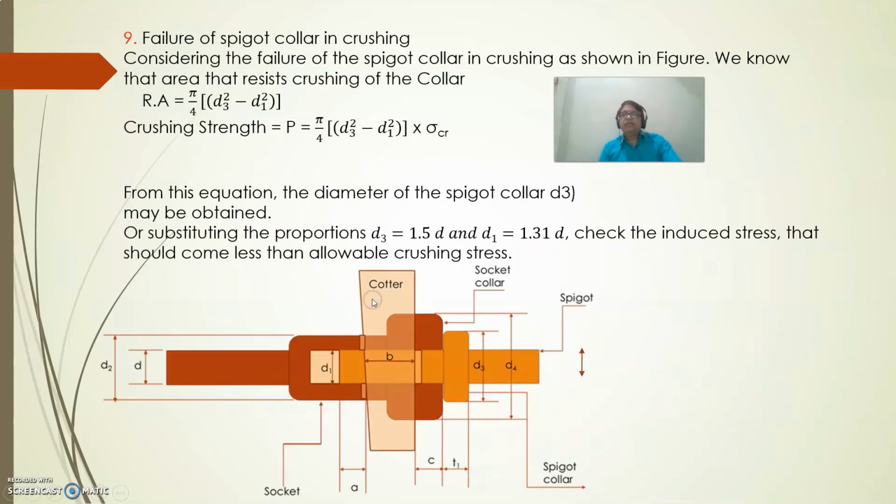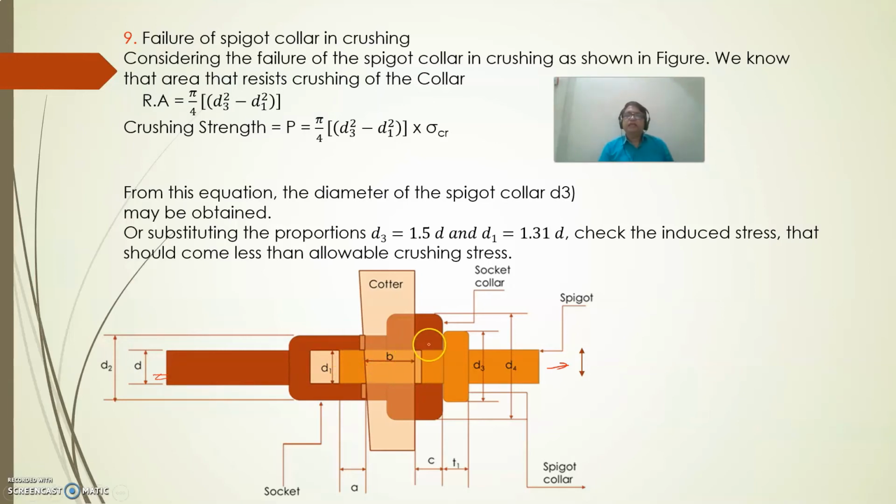In the next one, that is the failure of the spigot collar in crushing. Failure of the spigot collar, which is the spigot. It is here. This is the spigot. It is in contact when it is subjected to a tensile load like here. So you will get it either on the left side or on the right side.